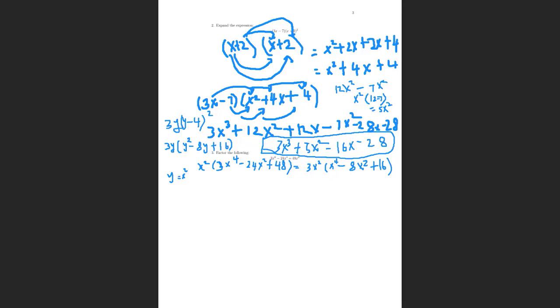Then you would just plug your x squareds back into the y, so you just get 3x squared times x squared minus 4 whole squared, and that'll factor out.